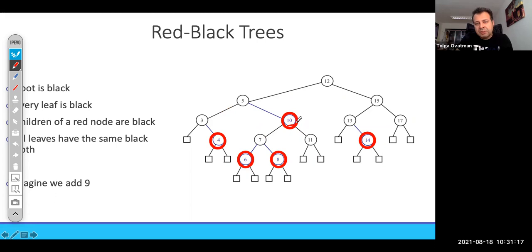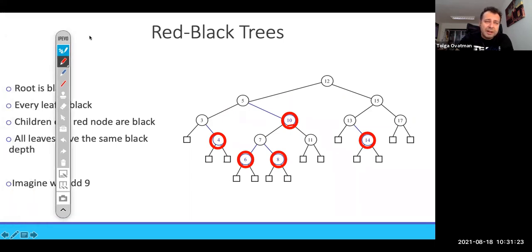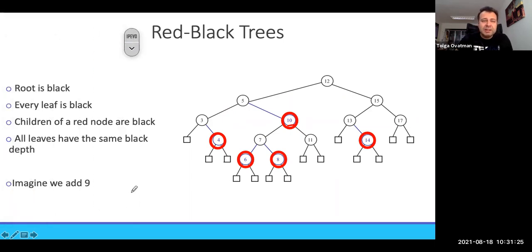Here you have red nodes and black nodes. So there are some rules when you are building your tree, when you are making an addition, insertion, and removal, and you want to keep your tree following these rules every time you make an addition and removal. The good thing is, if you come up with some patterns when you are adding or removing, you look at these patterns, fix them, and automatically make your tree follow these rules.